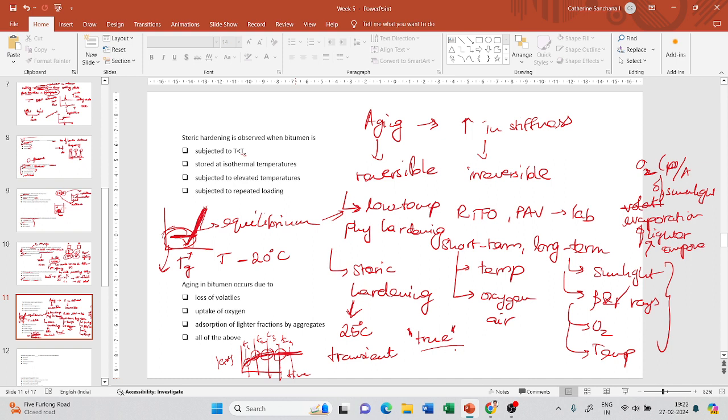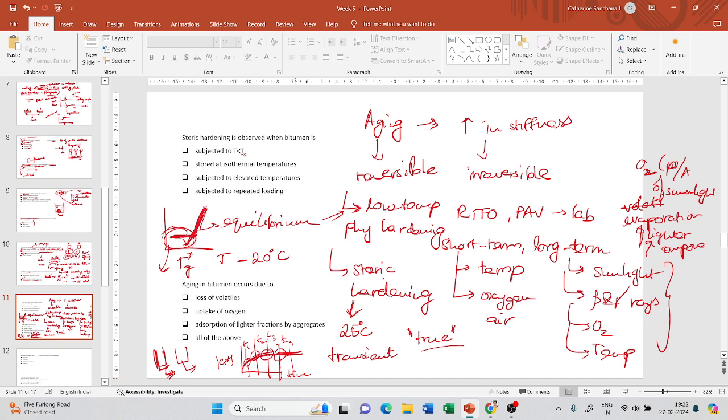Why? Because let us say there are two drums, and one drum you have heated it recently, or received recently, both same material. For a moment, let us say both have same rheological properties, same everything.